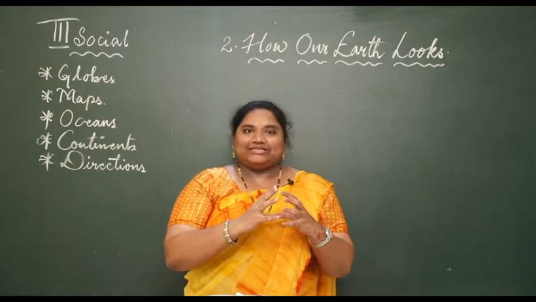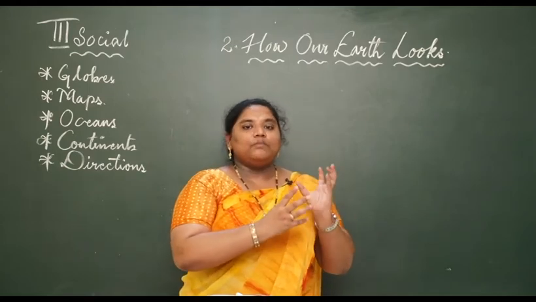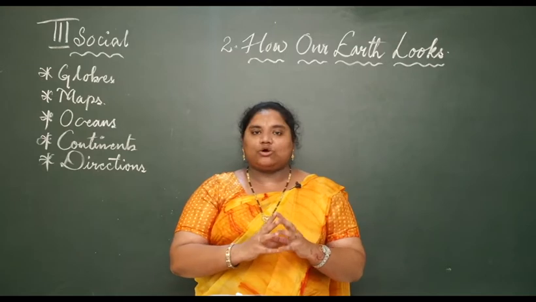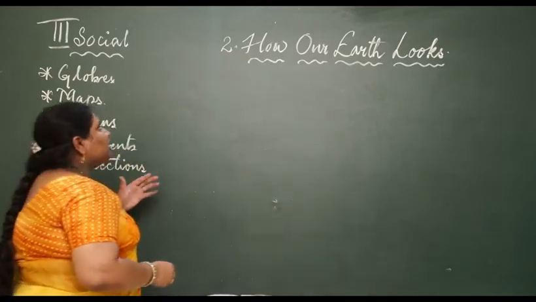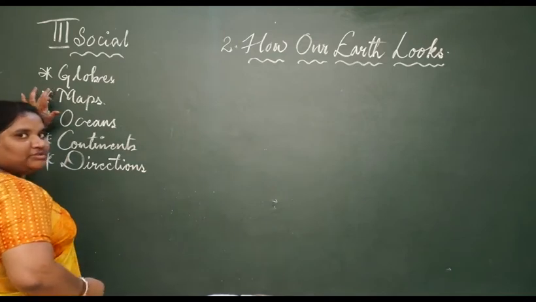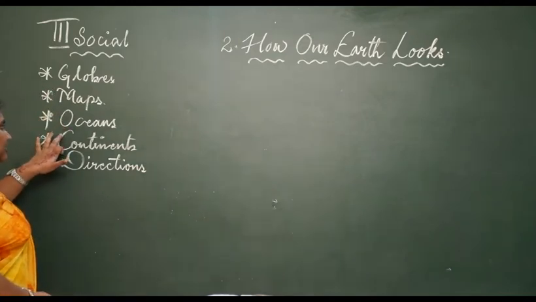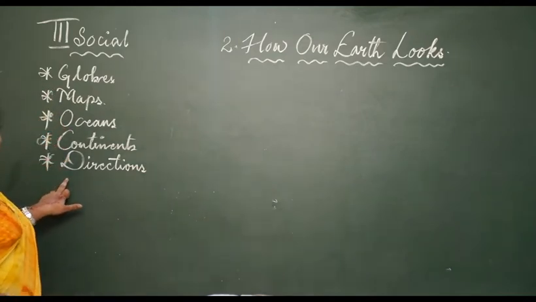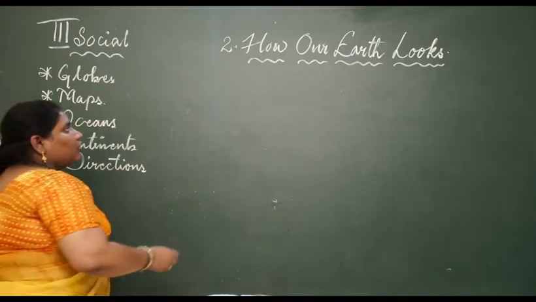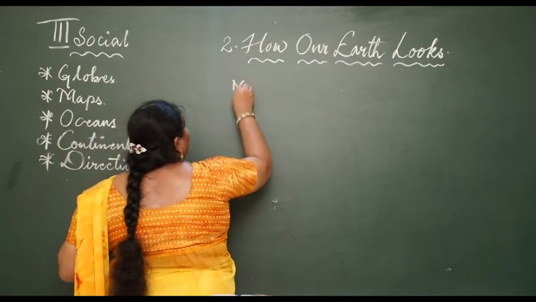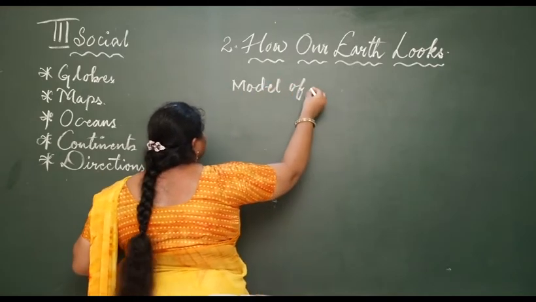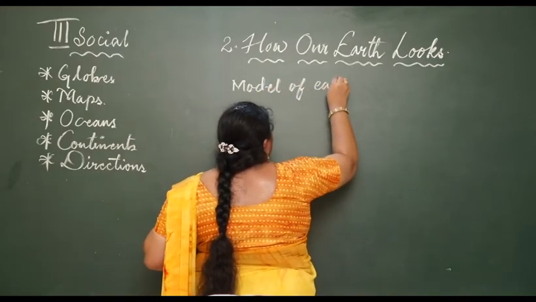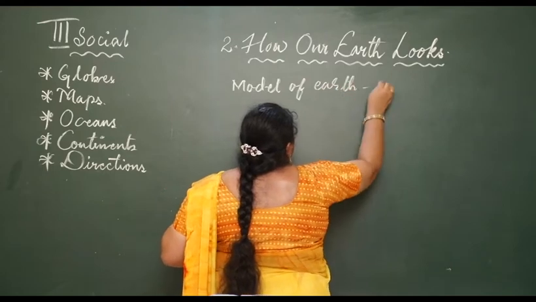We can see it with a model. That model is called a globe. In this lesson we are going to learn about globes, maps, oceans, continents and directions. So what are globes? Model of Earth. The model of Earth is called a globe.